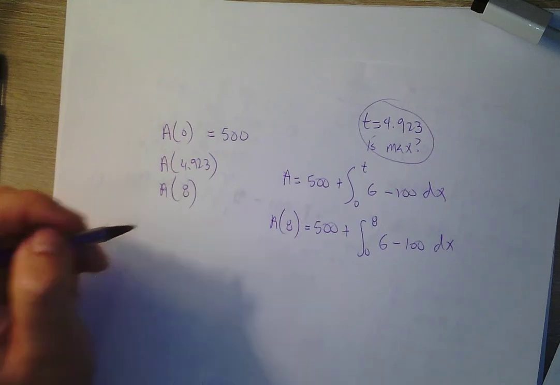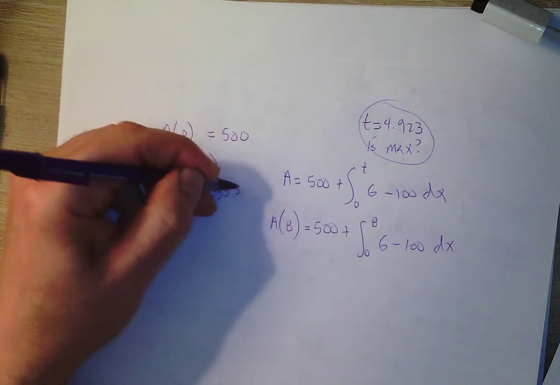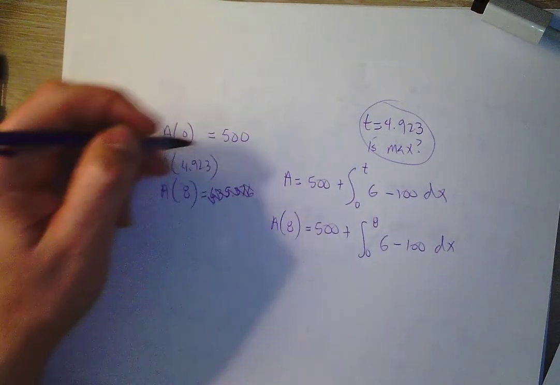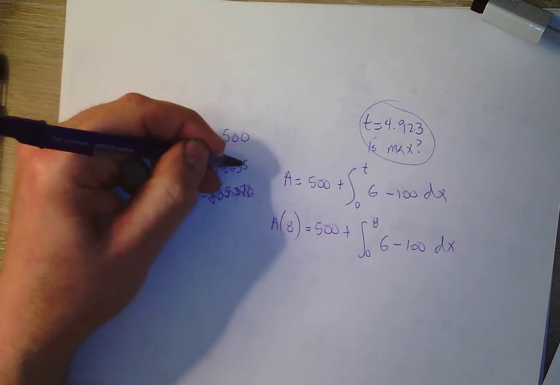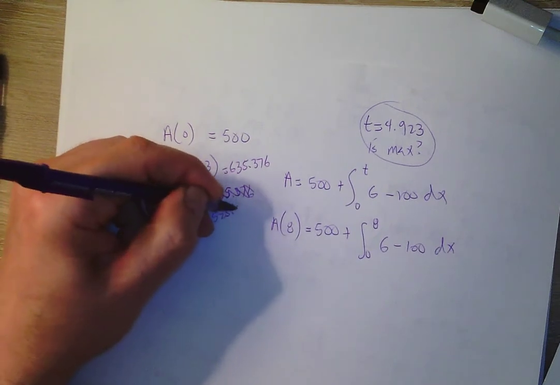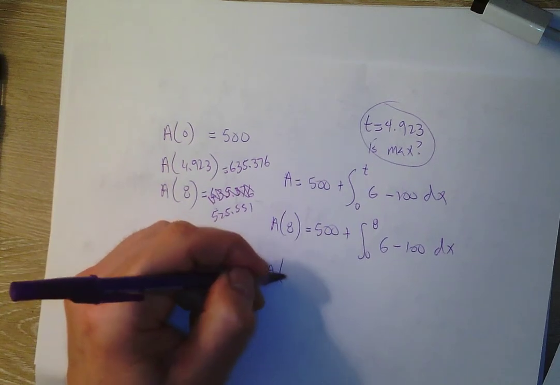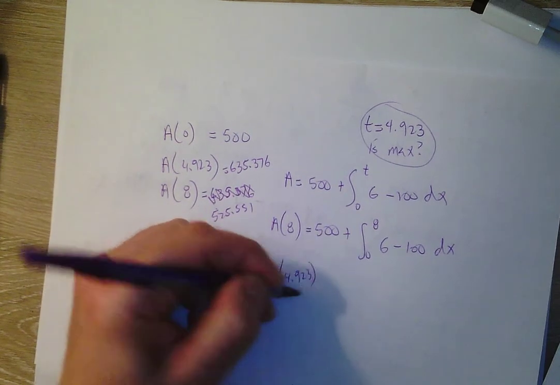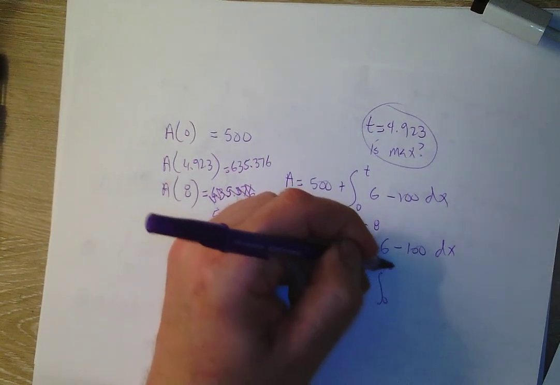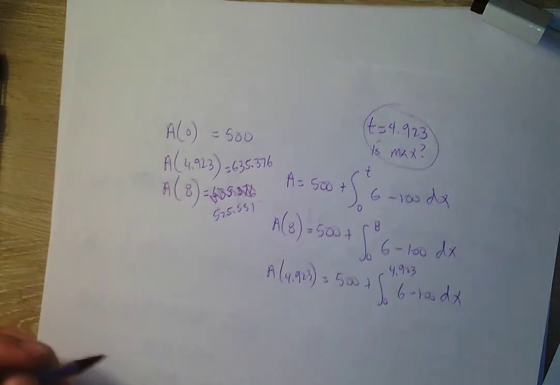And when I do that, I ended up with 525.551. A of 4.923, I needed to find the same way, 500 plus the integral from 0 to 4.923 of g minus 100.